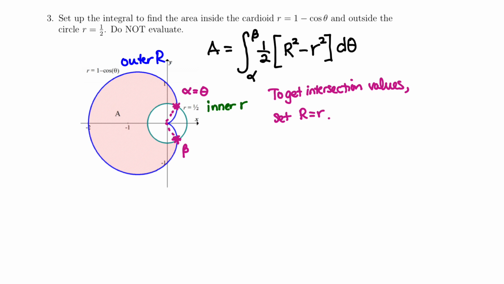So big R equals little r. Big R is 1 minus cosine theta, and little r is 1/2. And so I think I have 1 minus 1/2 equals cosine theta, if I'm solving this correctly.